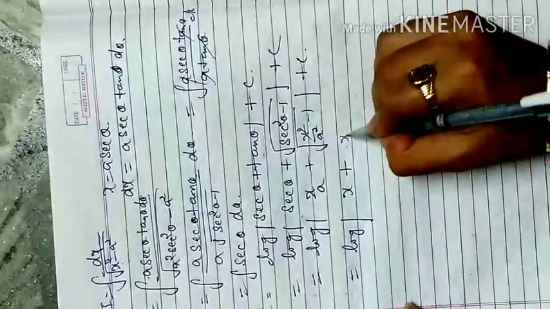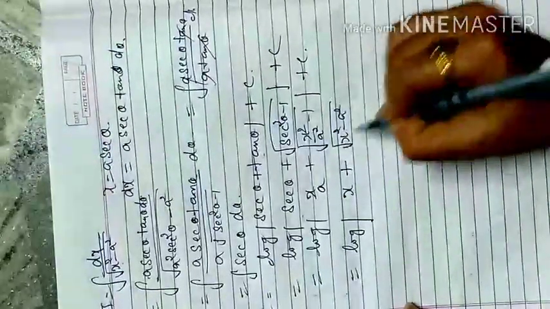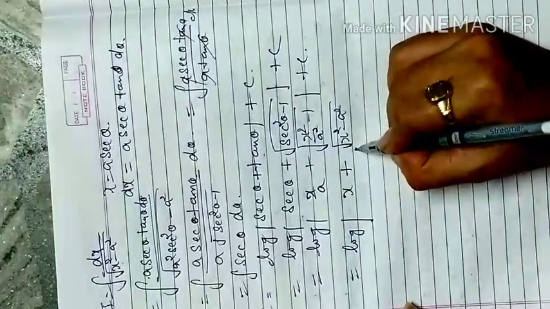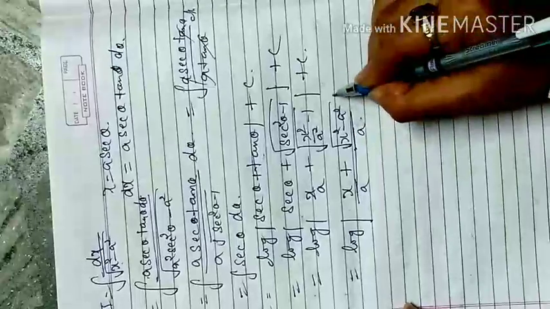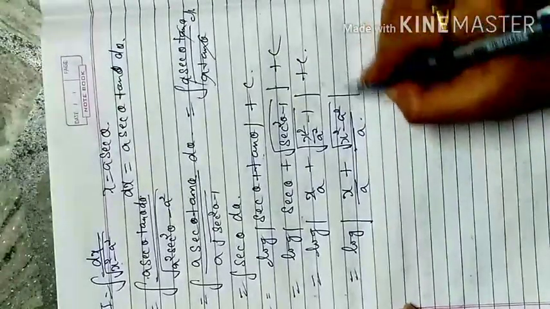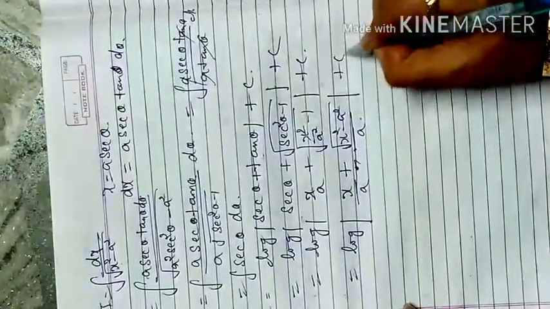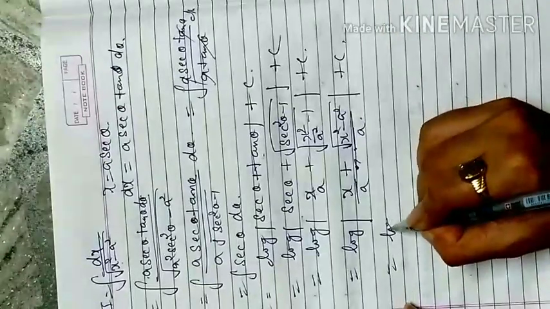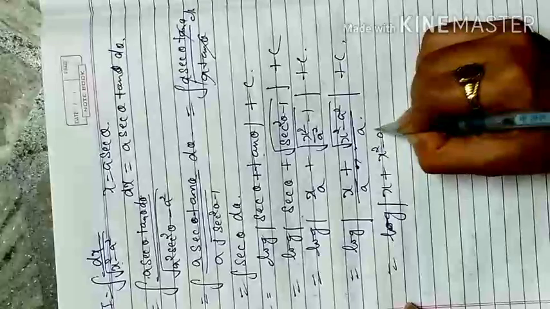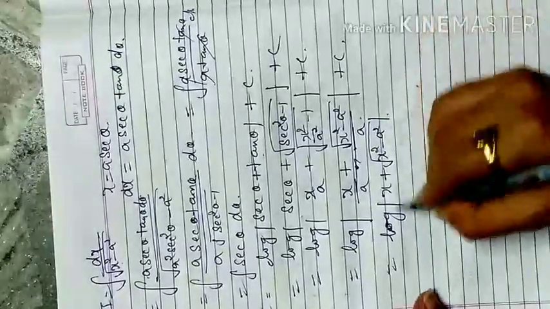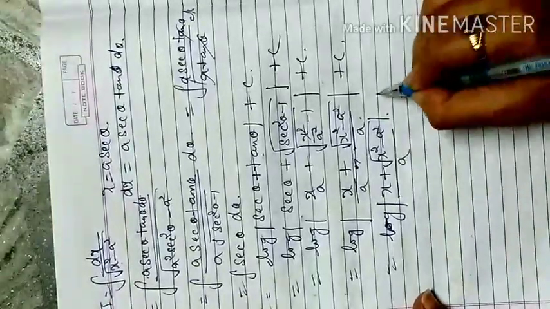x plus square root of x square minus a square, and in the denominator when you free from the square roots only a is left, so that is a common denominator. If you take the common denominator, that will be a, but that is a constant term. So log of x plus square root of x square minus a square, upon a is left.